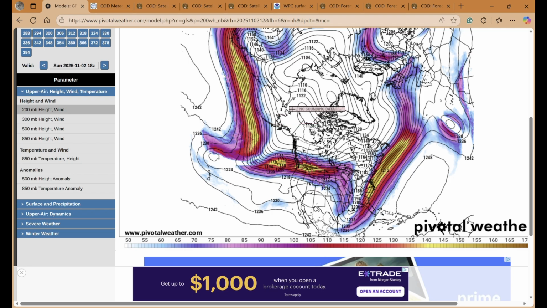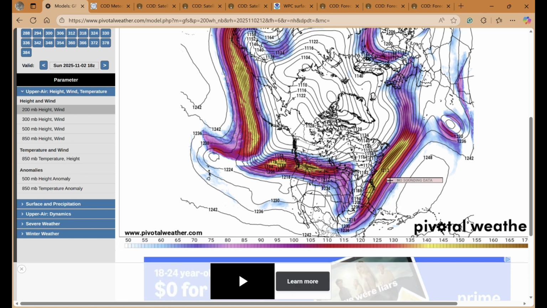Before we go though, I want to note some important features. With this trough right here, we have more upper level divergence over here, and we can tell this from the QG equation. As a general rule, we expect winds to increase with height.